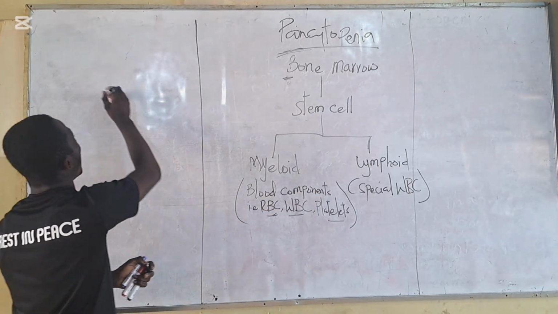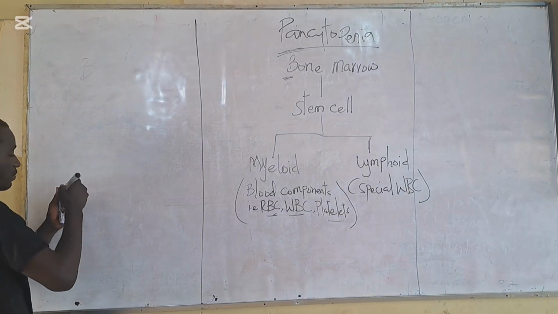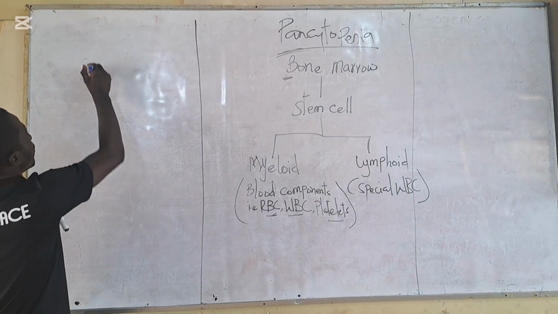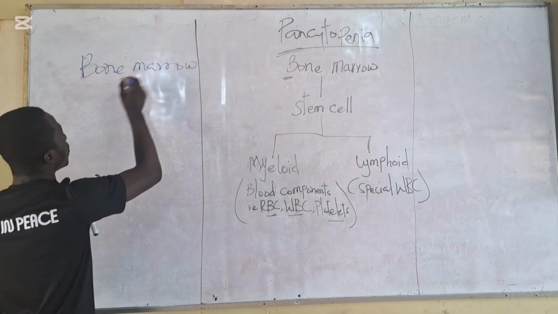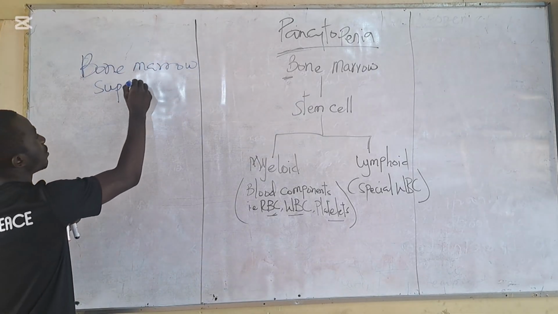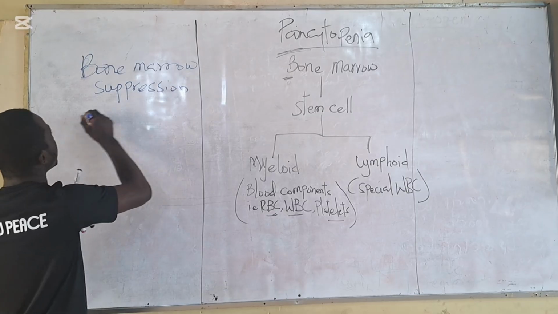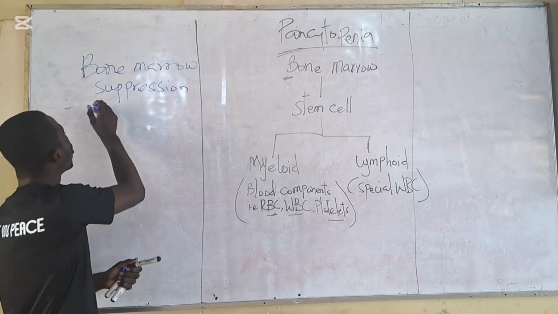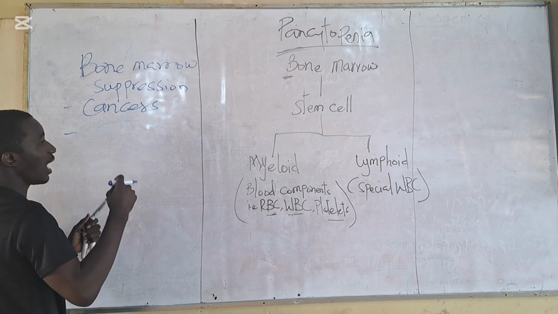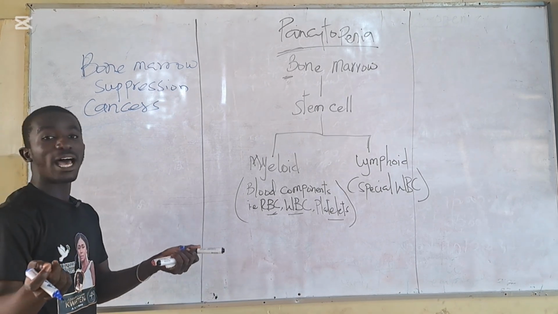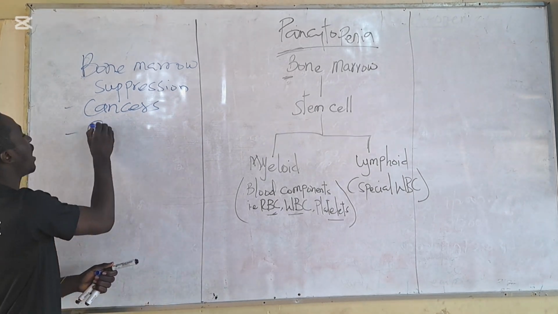The first one, we can have bone marrow suppression. Then also we can have cancer of the bone marrow. Another one is some people have genetic conditions, so we can have genetics.